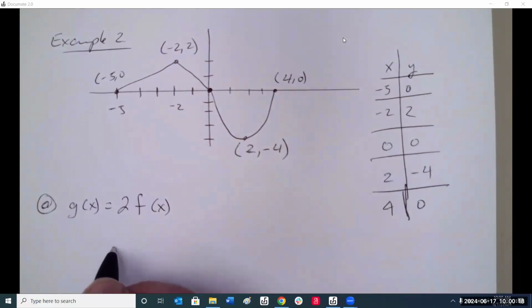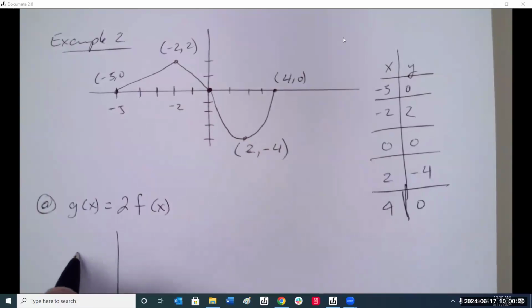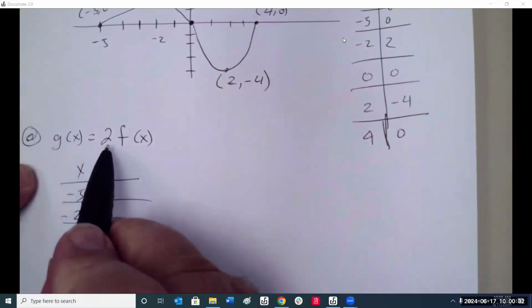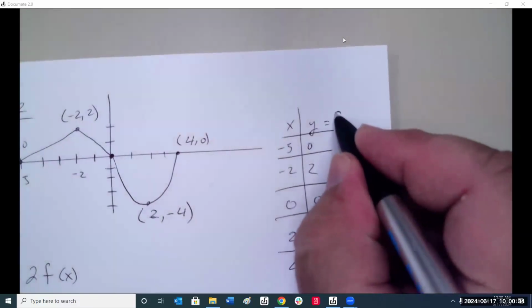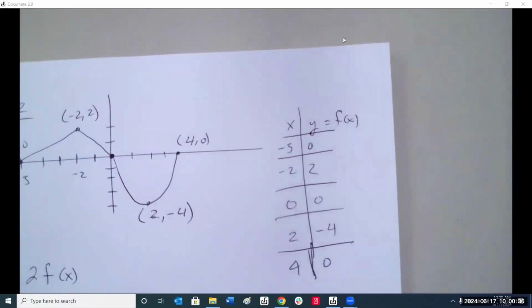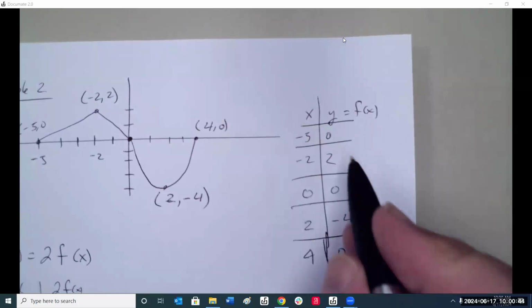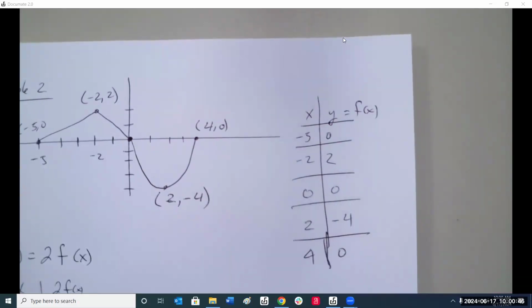So my new points, we have -5, -2, 0, 2, and 4. So what this thing tells me is all of my y values I multiply by 2. So from 0, it's 0. From 2, it's 4.